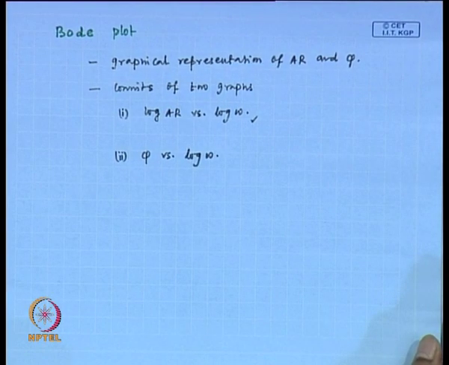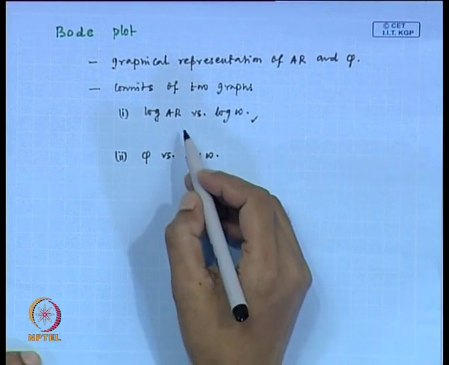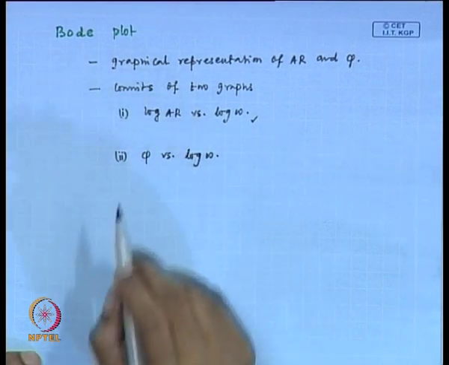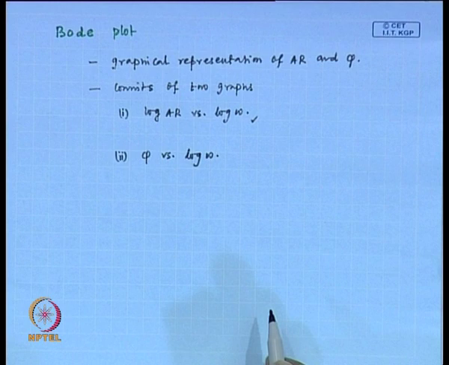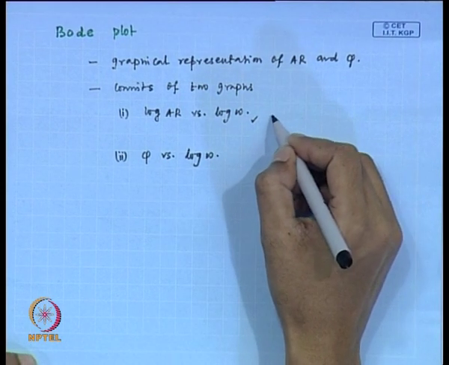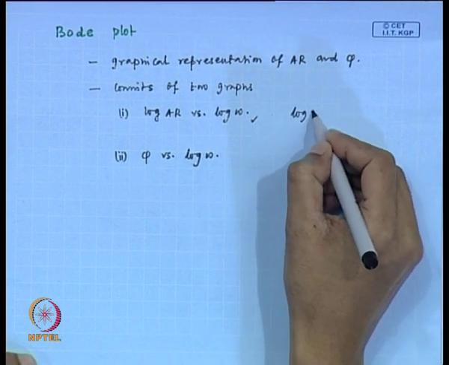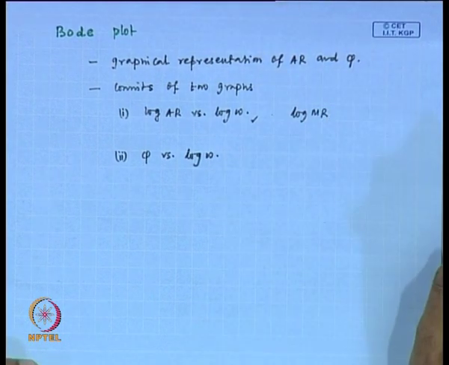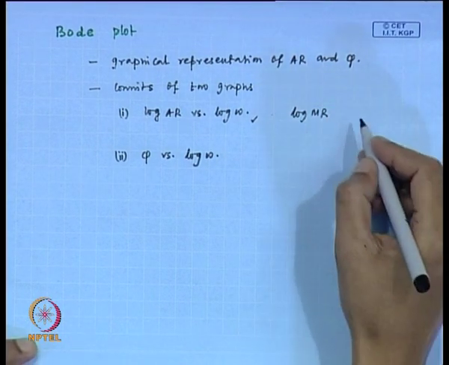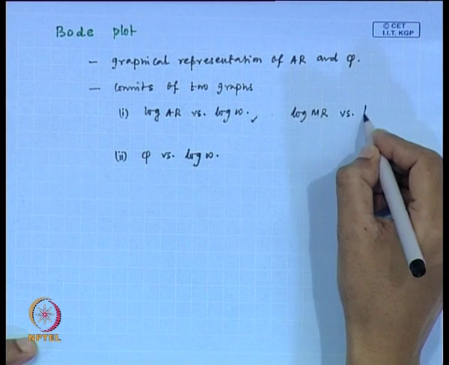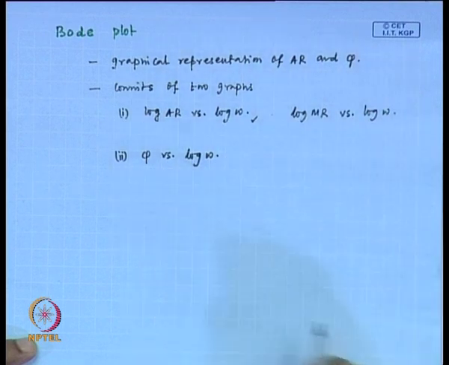So, these are the two plots which constitute the Bode plot. Now, sometimes the amplitude ratio is replaced by magnitude ratio. So, we can write sometimes the Bode plot includes log magnitude ratio versus log omega.